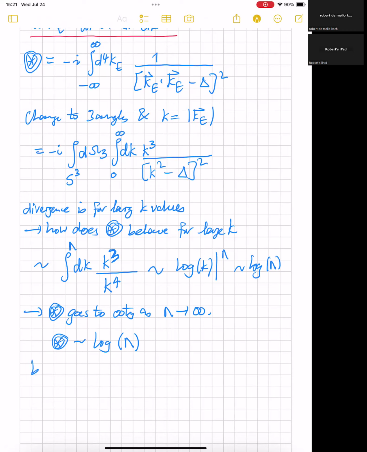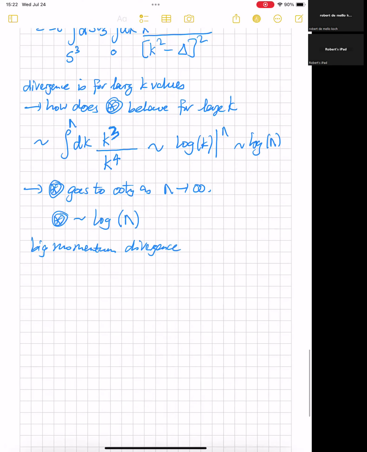This is a big momentum divergence. As we already discussed, this is a UV divergence. In fact, our language is slightly more specific. We would say there is a log UV divergence. Okay, so that's how we would describe this.